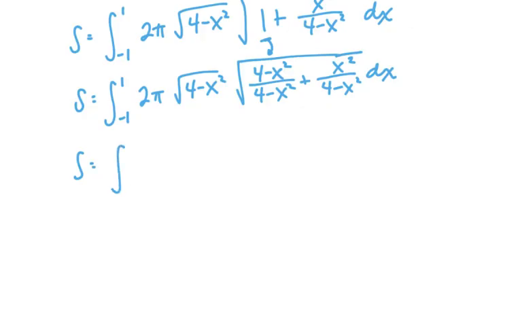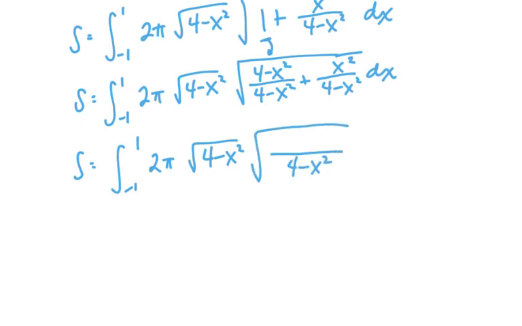So we have S equals the integral from negative 1 to 1 of 2 pi, the square root of 4 minus x squared. And here I have 4 minus x squared as my common denominator. So in the top we have 4 minus x squared plus x squared, which is just 4. Now these could cancel.